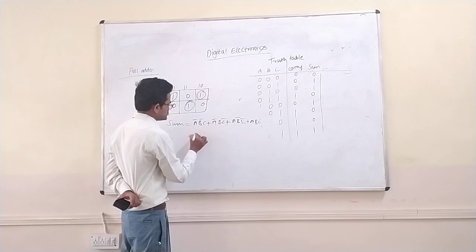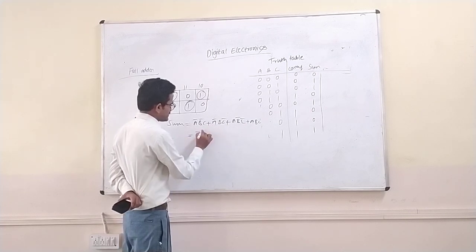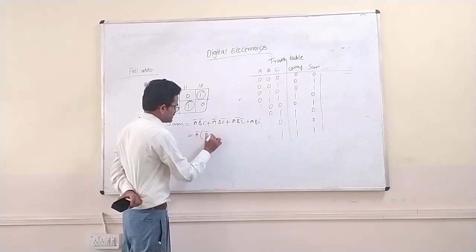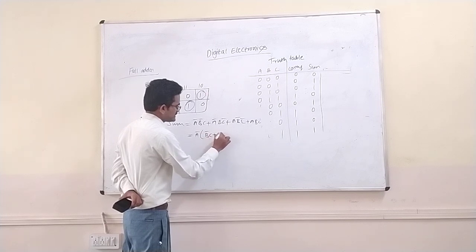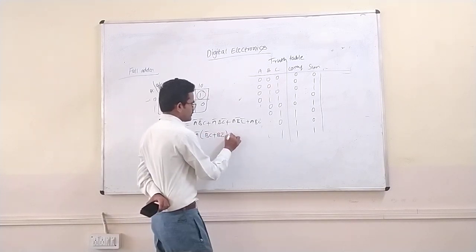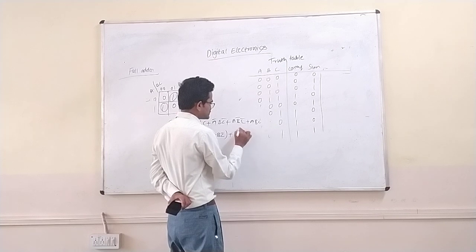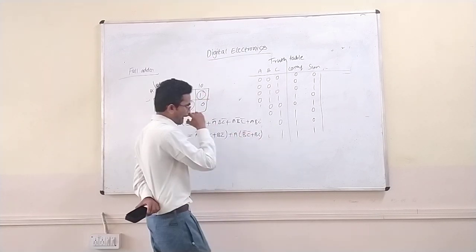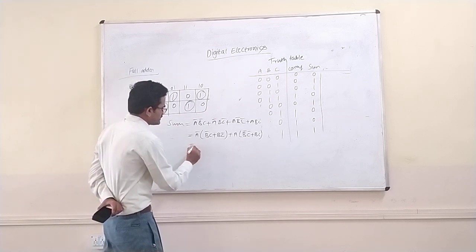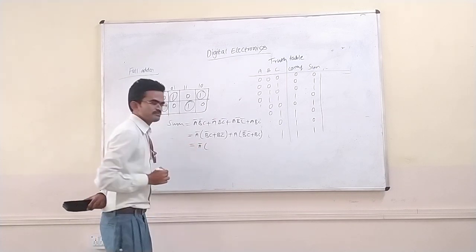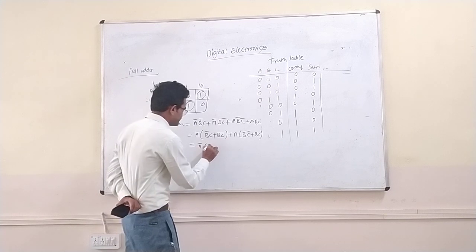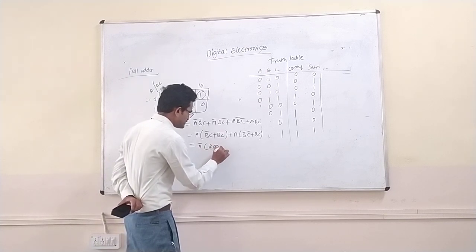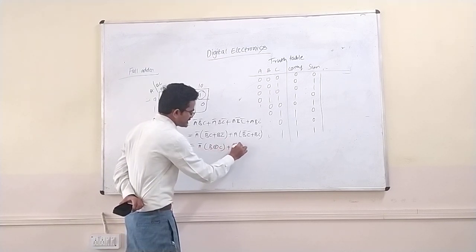So what is common in these two? A bar is common, take it outside. What is left here? B bar C plus B C bar. Again, what is common in these two? A is common, take it outside. What is left here? B bar C plus BC. Now, B bar C plus BC bar is nothing but B XOR C, plus A kept as it is.